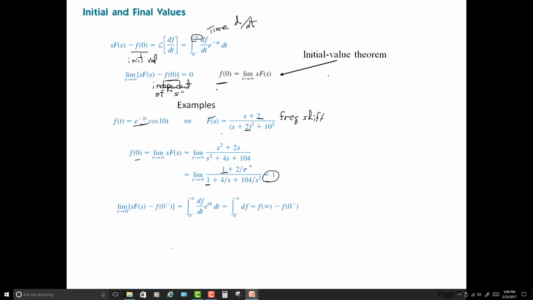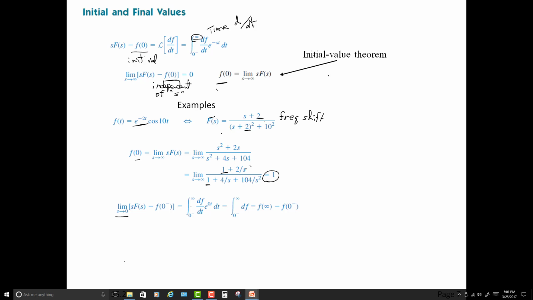Here's that whole arrangement, except now we're looking at the same arguments, and we're going toward s equals 0. In other words, we just want the limit as s approaches 0, the other end of the spectrum, and we're going to solve in the same way.